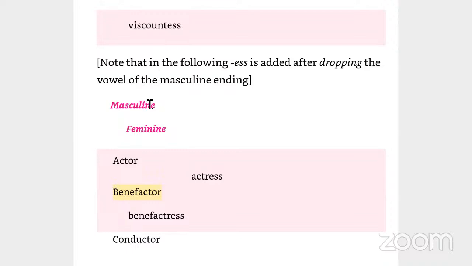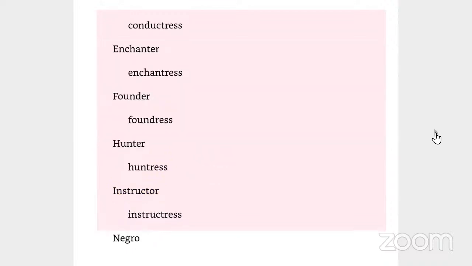A person who can be of benefit to you. A person who gives benefit to others. A person who gives benefit to others is called a benefactor. He may give money to others. That's the meaning.